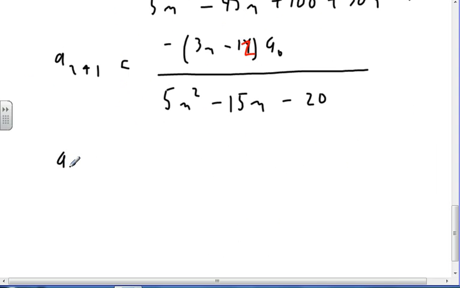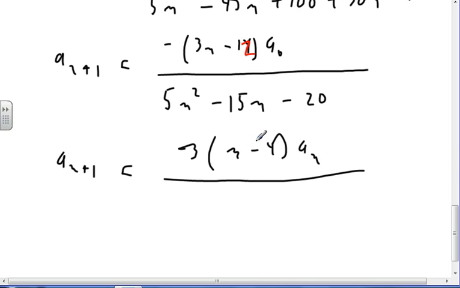So I have an plus 1 equals minus 3n minus 4 an, and this can be a 5 times n squared minus 3n minus 4, right?